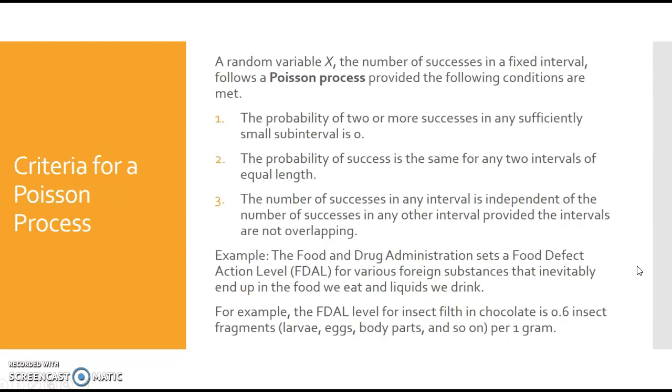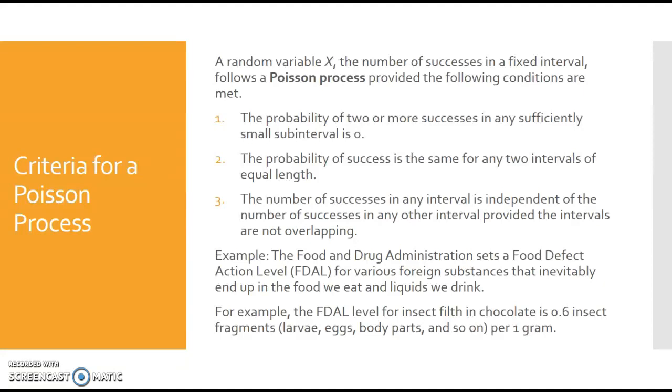A good example we used was the FDA. It gives a level of how much foreign substances can be in our food. So the level for insect filth in chocolate is 0.6 insect fragments per 1 gram.